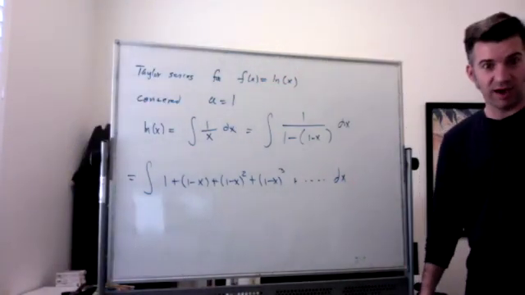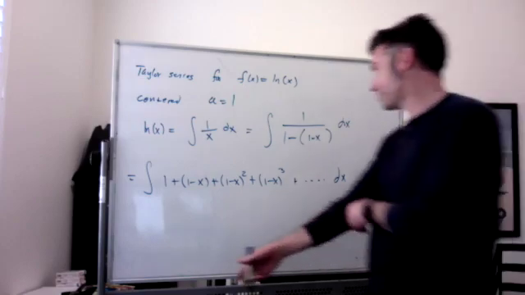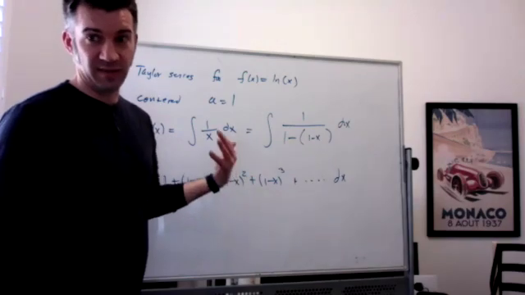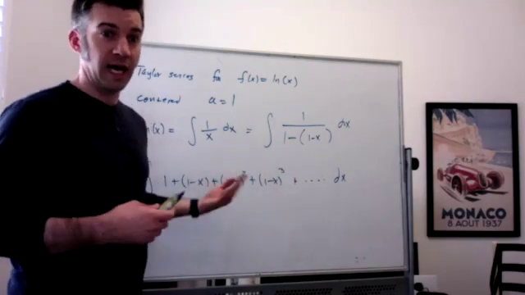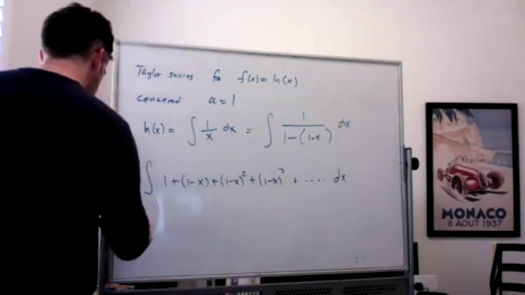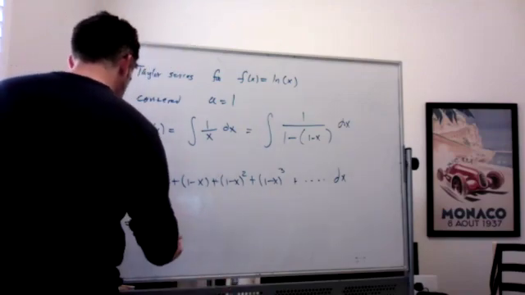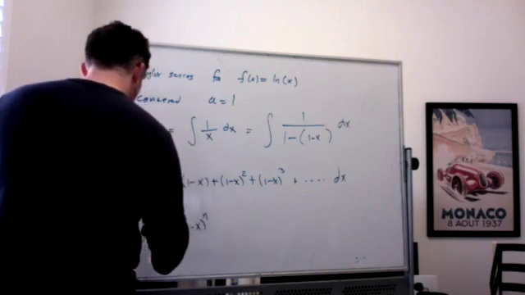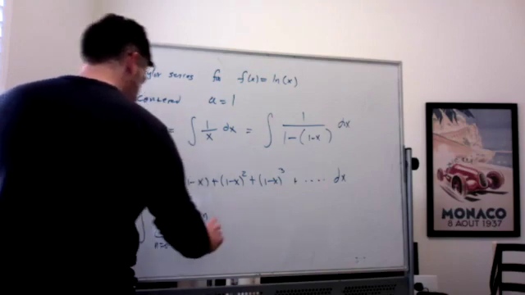That's what we've got. This is probably not the easiest thing to integrate. I don't want to integrate this piece by piece. So this is where it really does pay to write this as an infinite series. This is equal to the integral of the series of 1 minus x to the n, n equals 0 to infinity.